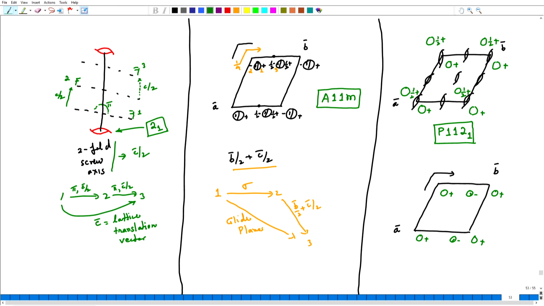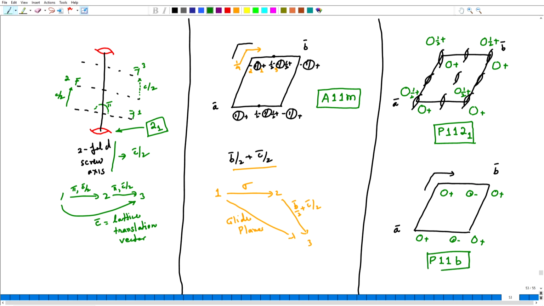The notation for this is P primitive 1 1, and now I can't write M because this is a glide plane. So, I have to have another symbol for that. Well, this is a glide plane whose glide translation is along the B axis, and therefore, I will write the letter small b.